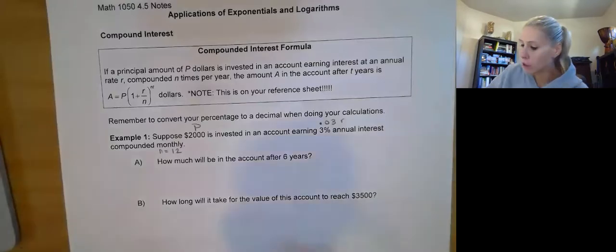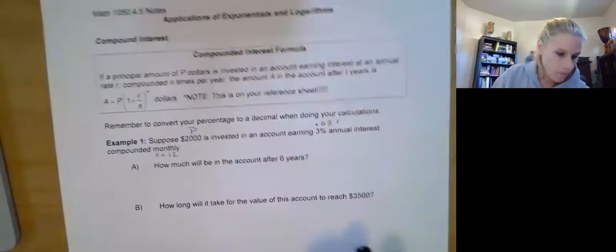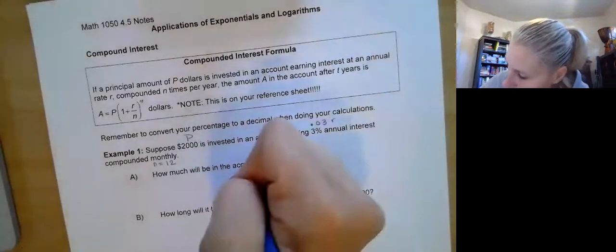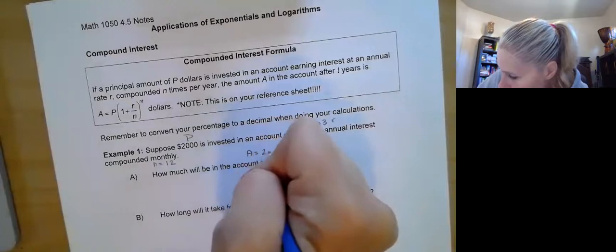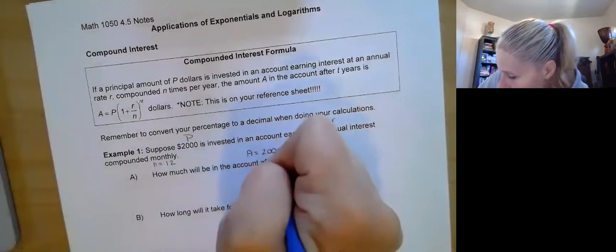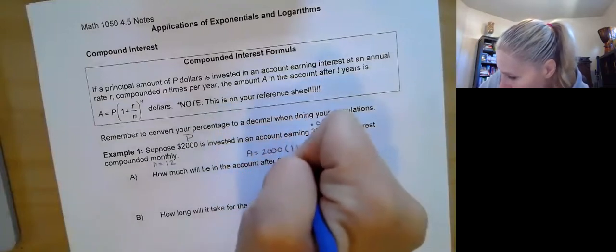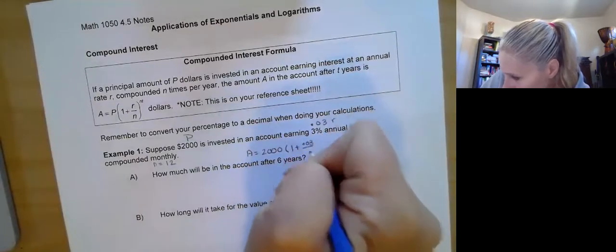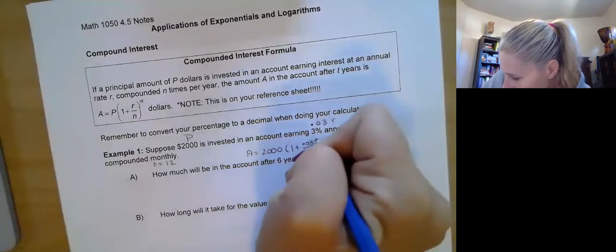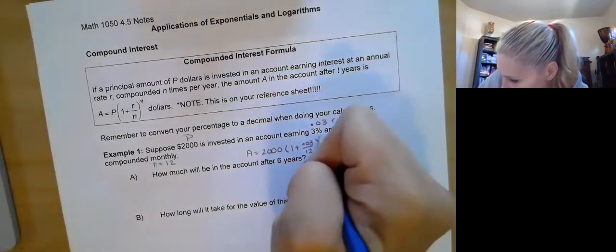So what I'm going to do is write my equation at the top here. We get A equals 2,000 times 1 plus 0.03 over 12 to the 12t.